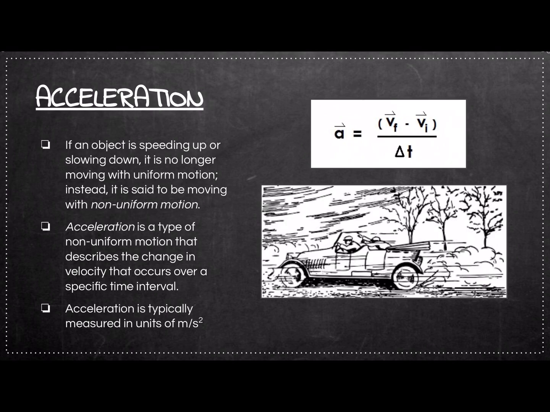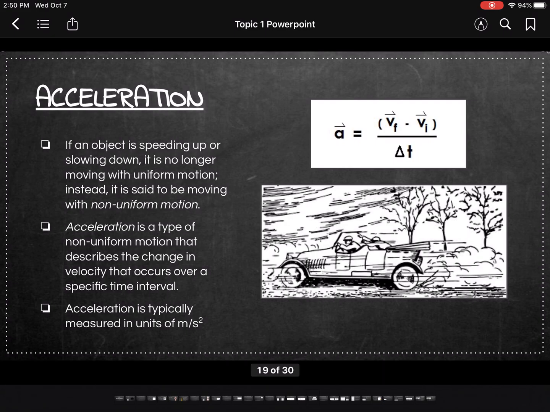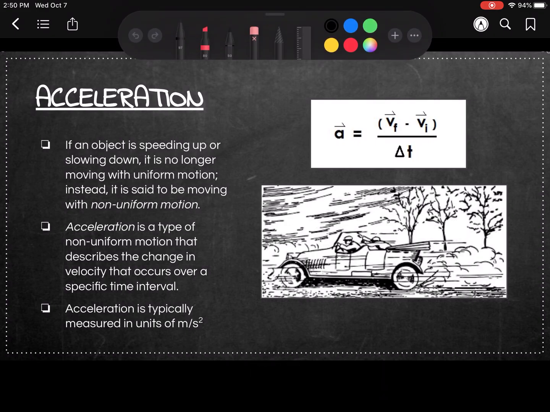It's split into velocity initial and velocity final, and those basically mean what were you going at the end minus what were you starting at, and then it's all divided by our time. And there could be multiple times, so you might also have to take your time final minus your time initial, but we will come to that when we get there.